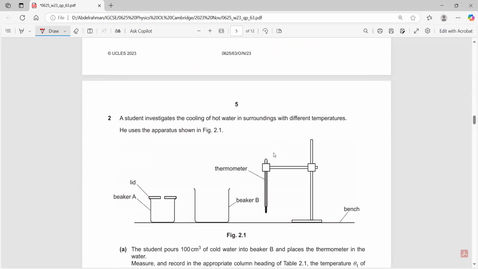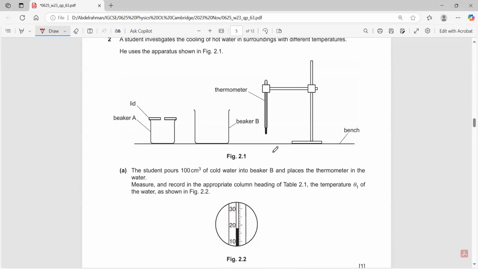Now, moving on to question 2. You have a lid, you have beaker A, and you have beaker B, right? The student investigates the cooling of hot water in surroundings with different temperatures. He uses the apparatus shown. The student pours 100 centimeters cubed of cold water into beaker B. This is cold water, right?